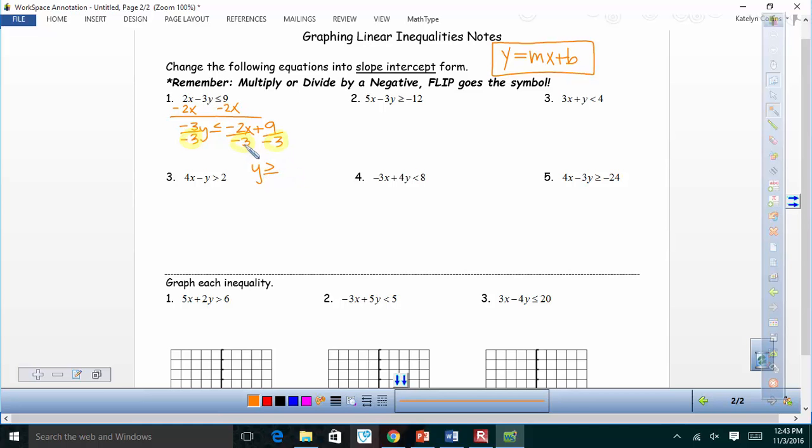If I have a negative 2 and negative 3, that's a positive 2/3 x minus 3. And there is my equation. So do not forget to flip that sign when we divide by a negative.